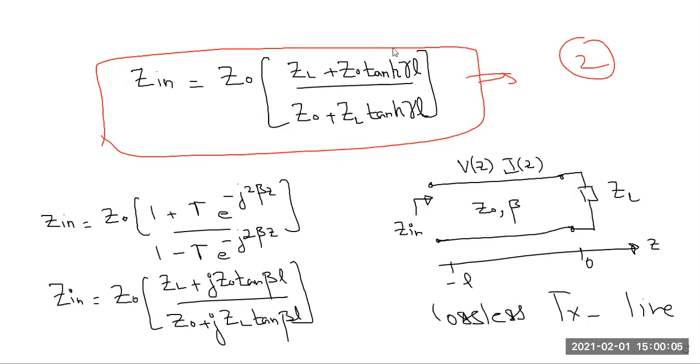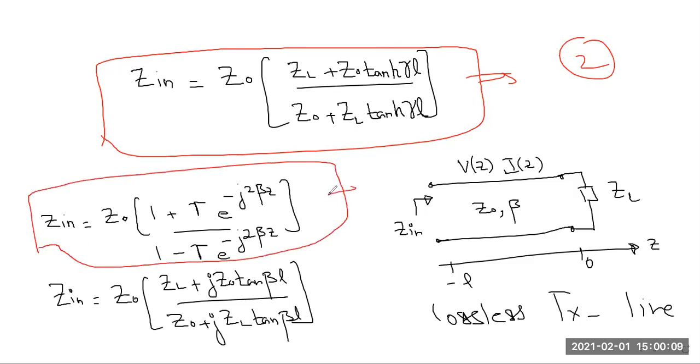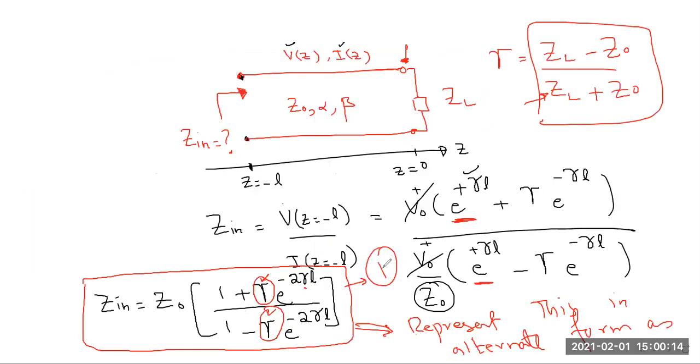So this first one is for a lossless line, and if you go back, this expression is for a lossy line, and you can now compare them together. So they are almost similar.